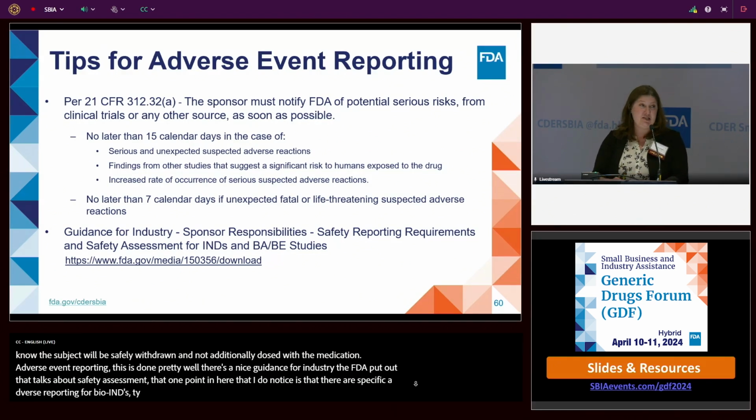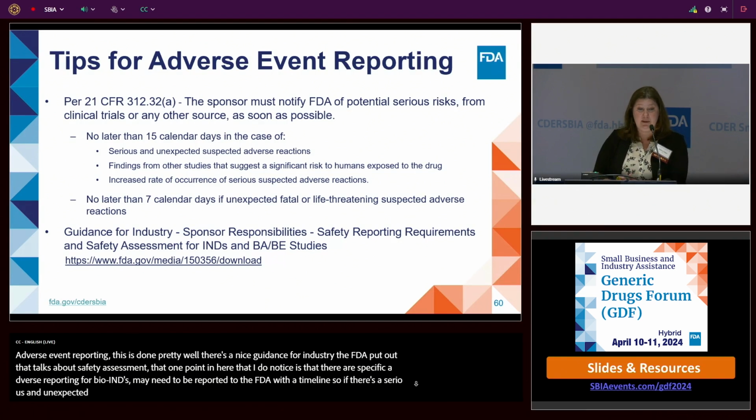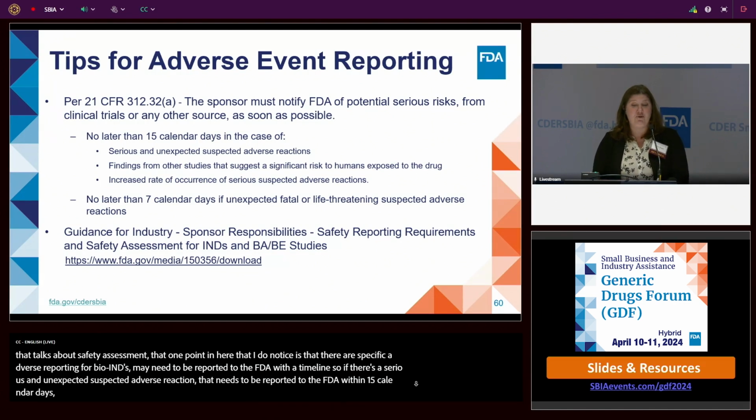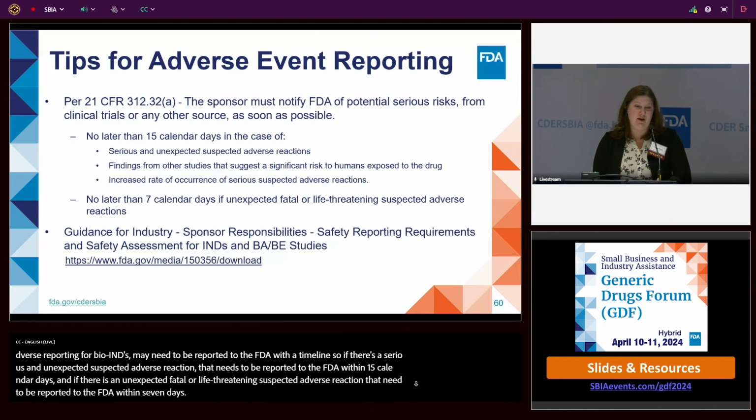If there is a serious and unexpected suspected adverse reaction, that needs to be reported to the FDA within 15 calendar days. And if there is an unexpected fatal or life-threatening suspected adverse reaction, that needs to be reported to the FDA within 7 days. And just make sure that that is also included in your adverse event reporting.